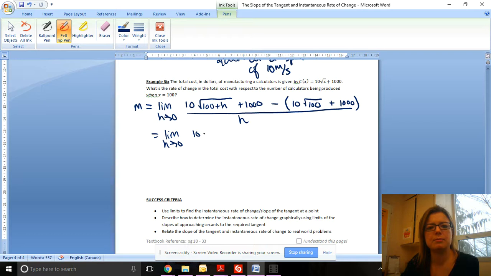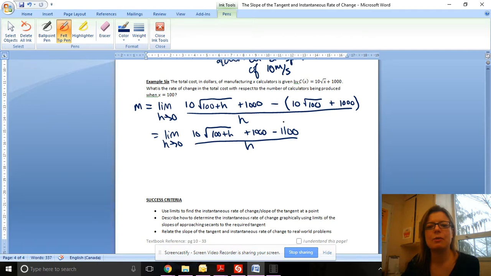Now remember, I can't simplify that. I gotta leave it how it is, as annoying as it is. Okay, and then this becomes 10 times 10, which is 100. Sorry, 1,000. Sorry, 100. 10 times 10. So this becomes minus 1,100. Okay, all divided by h.